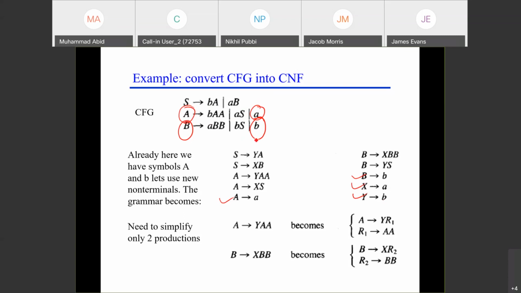Okay. So now, first production rule, S can be replaced by BA, B can be replaced by Y. So we write YA here. And then A can be replaced by X, XB here. Look at this one. Y, so we write both of these, it is YAA. XS.